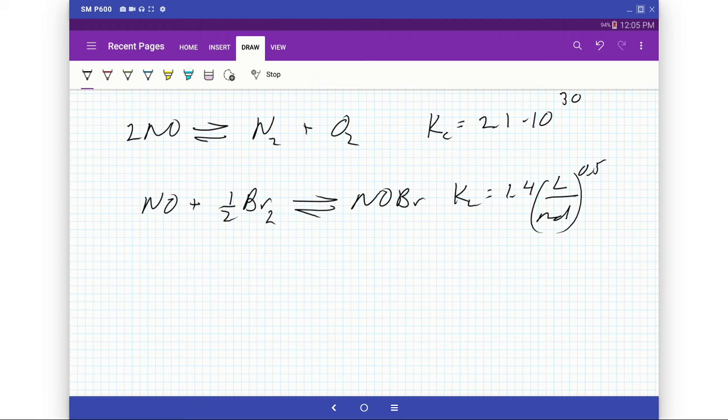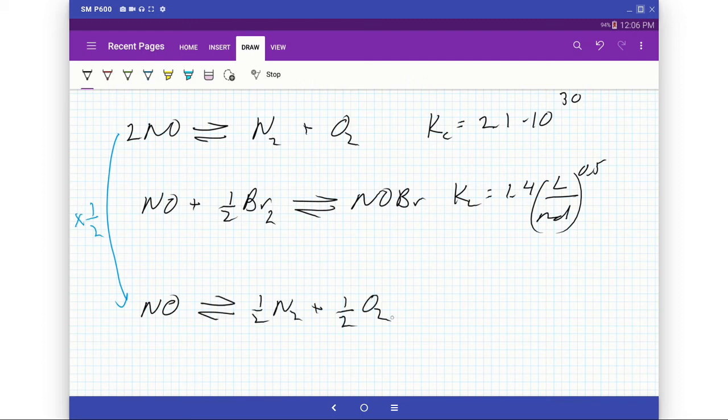If I now compare what I have to what I need, I realize that I want 1/2 nitrogen and 1/2 oxygen. So I'm going to take the first reaction and multiply through by 1/2. That gives me NO in equilibrium with 1/2 nitrogen plus 1/2 oxygen.